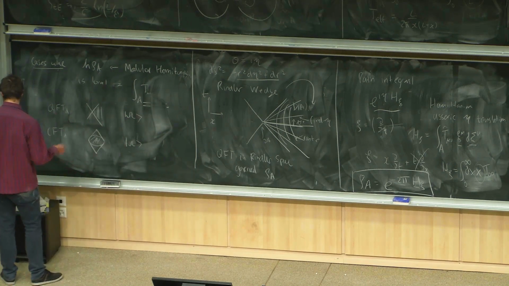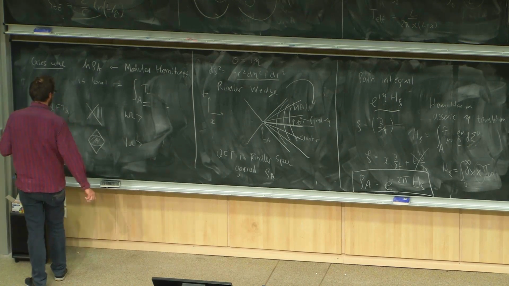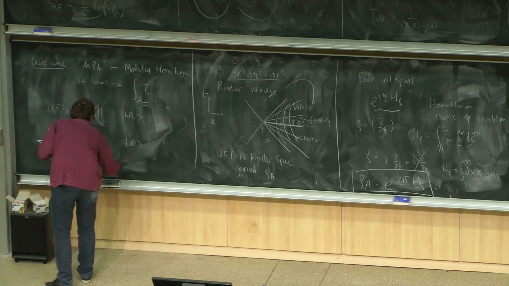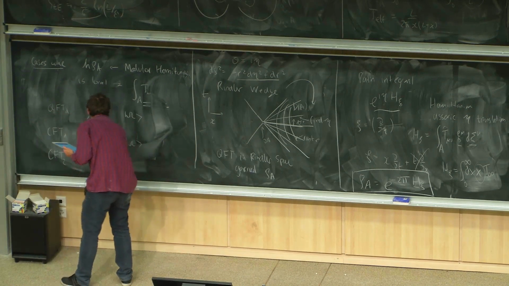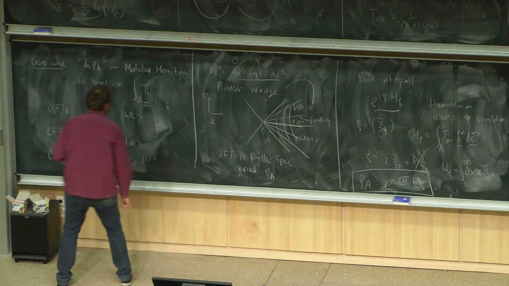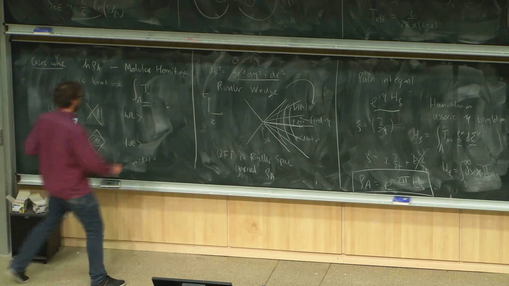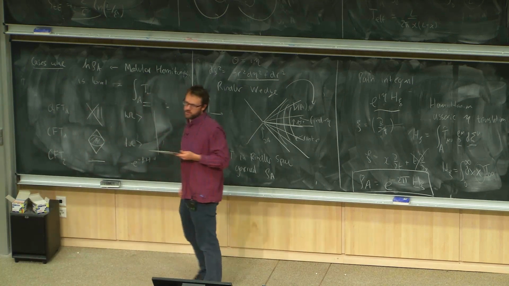And in 2D, you even have more power. You can do an interval where the state is the Gibbs state, as long as the CFT lives on the infinite plane. And then there's all sorts of examples in curved space as well.